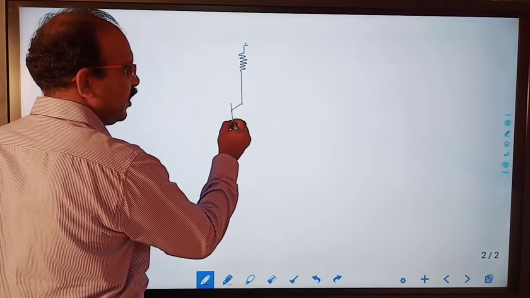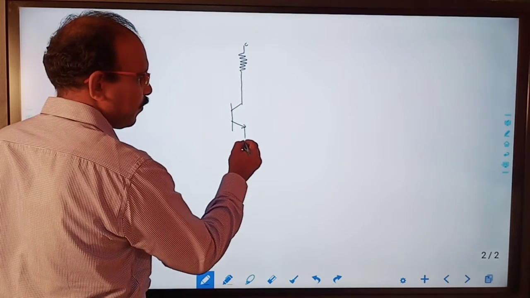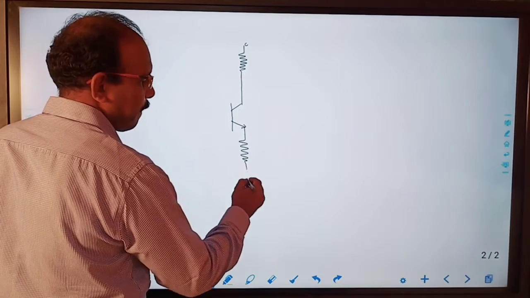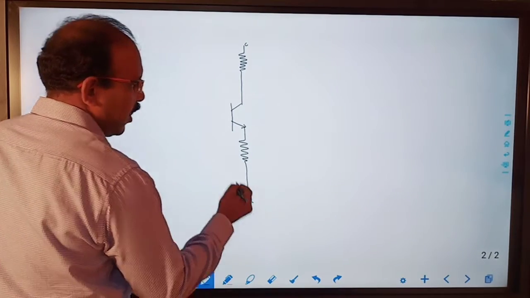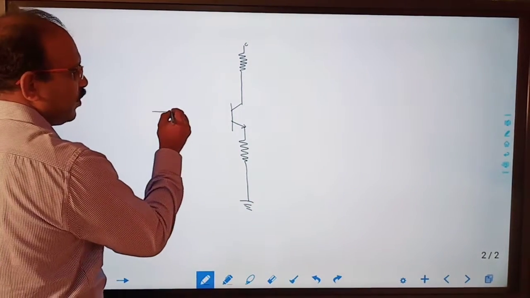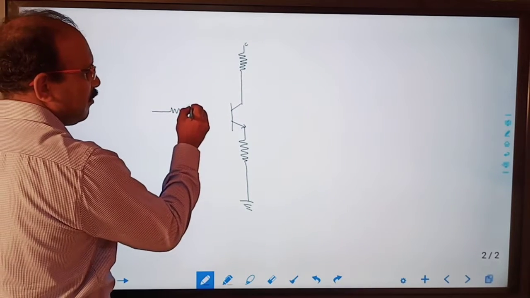Here I insert the emitter resistor. How this will take care of thermal runaway, that I will tell you.